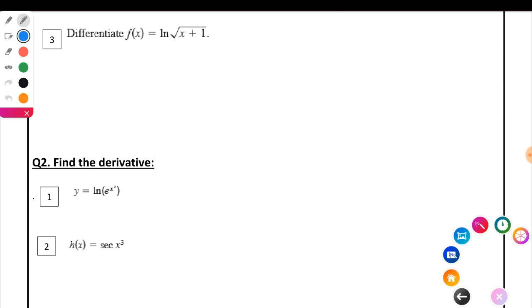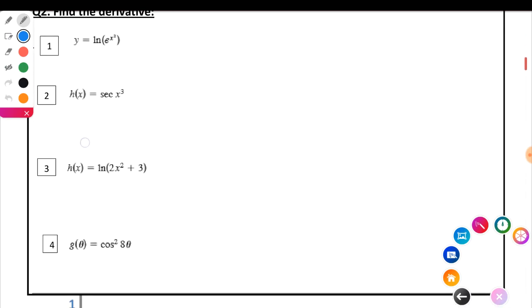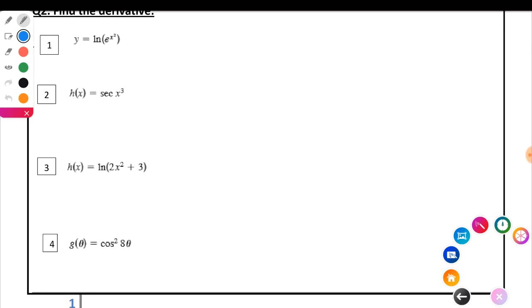Now solve this one, so easy. Chain rule, composite function. I apply the chain rule if we have a composite function.